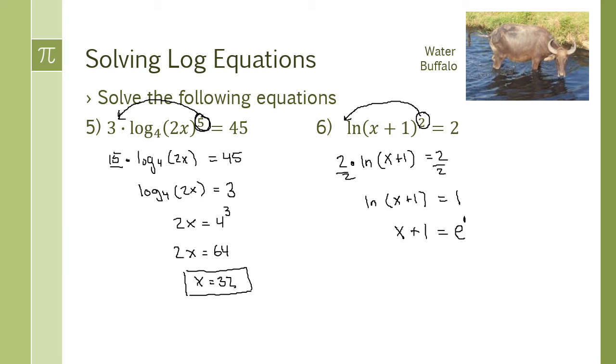So second divided by gives you E raised to the power of 1, 2.718. So x plus 1 is equal to 2.718 here. And then to get x alone, subtract 1 from both sides. X is equal to 1.718. That is a real solution.